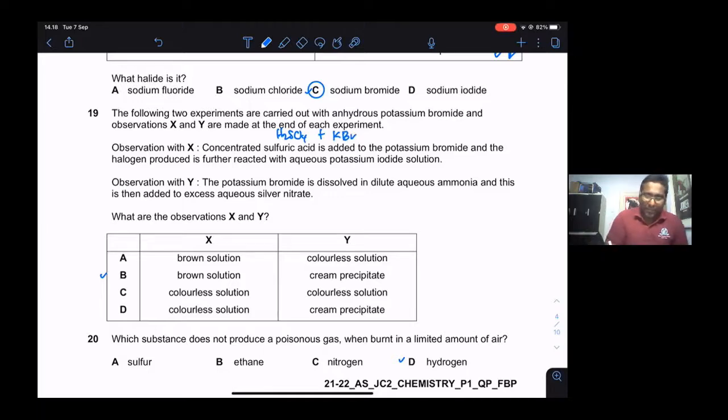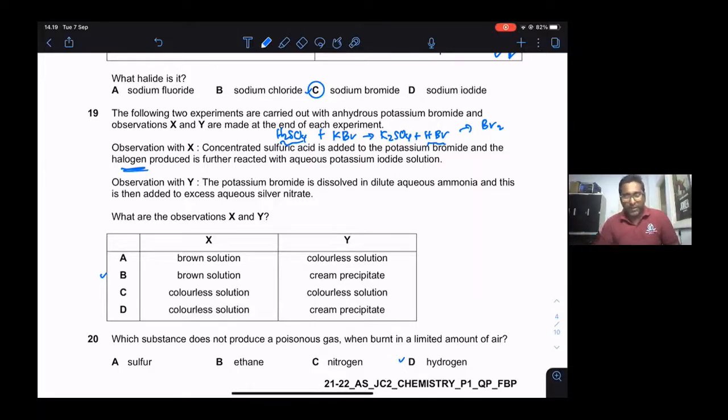I am supposed to get K2SO4 and HBr. But do remember, this is a strong oxidizing agent. It will oxidize HBr to give you Br2, so the halogen that will be produced is Br2.